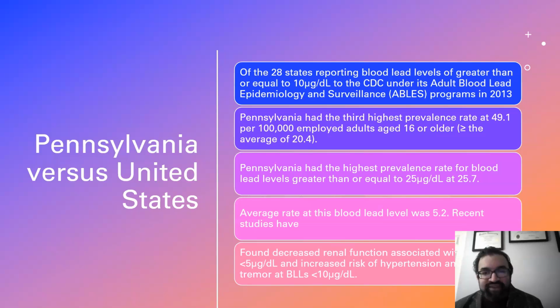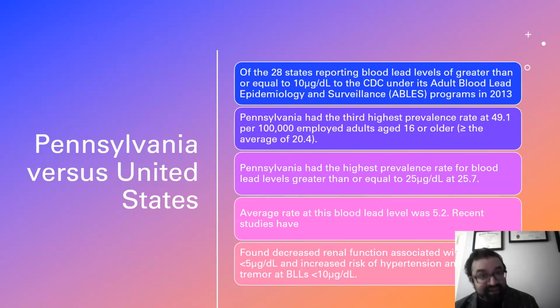Pennsylvania actually had the third highest prevalence rate among all states, and there are different states that have lead as a focus. So in this presentation, Pennsylvania is the focus. With Pennsylvania, the highest prevalence rate for blood lead levels was greater than or equal to 25 micrograms per deciliter.